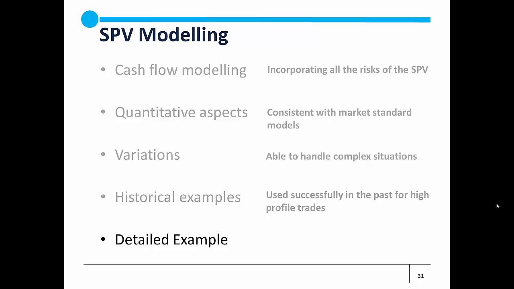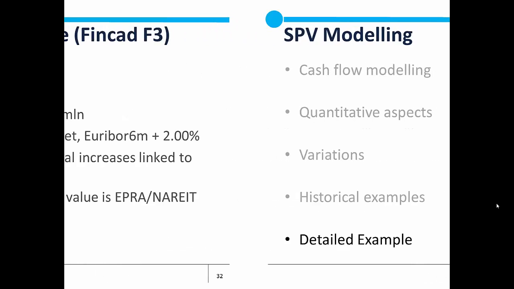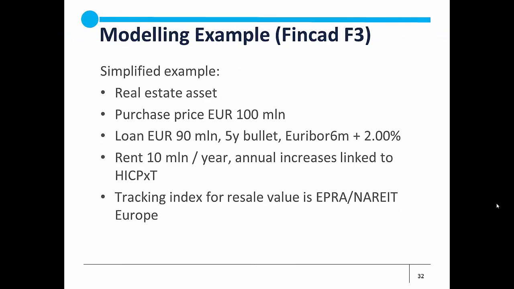So to put some meat on the bone, I'll just work through one simple example in some detail using a commercial package. We'll show how to model a simple example in FinCAD F3. And this is our simple example: a real estate asset purchased for 100 million euro.